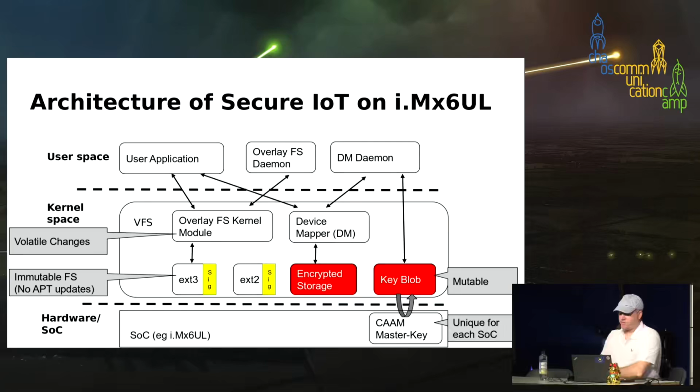Encrypted storage is an encrypted file system. As the other file systems are read-only, we have no way to store any data. So if an IP address is configured, or username, or some kind of functionality configuration for our IoT device, we've got to store it somewhere.